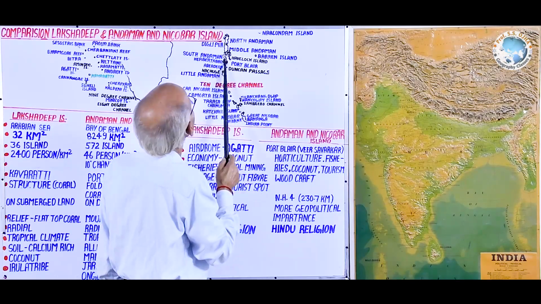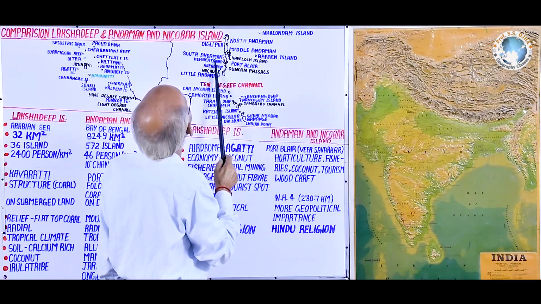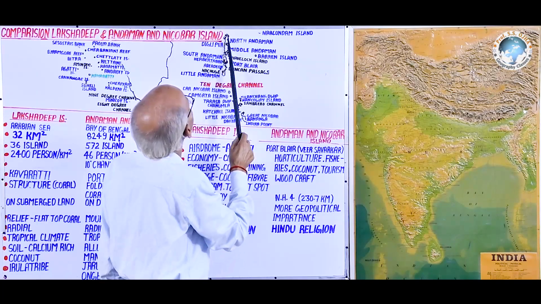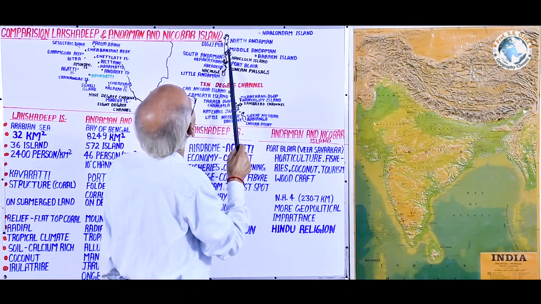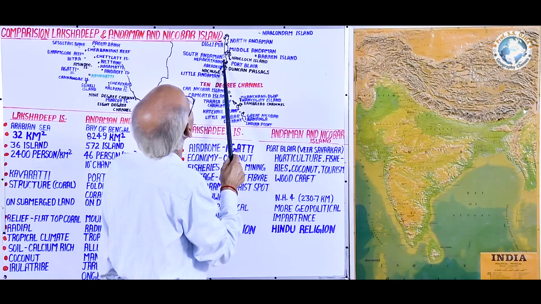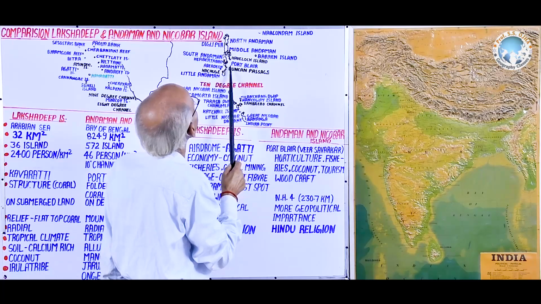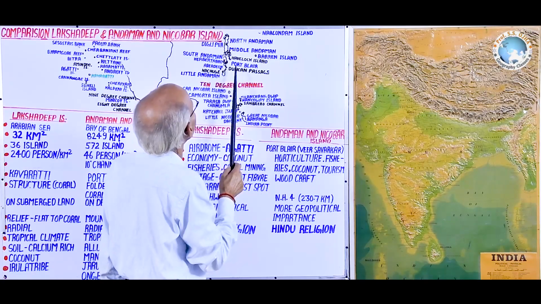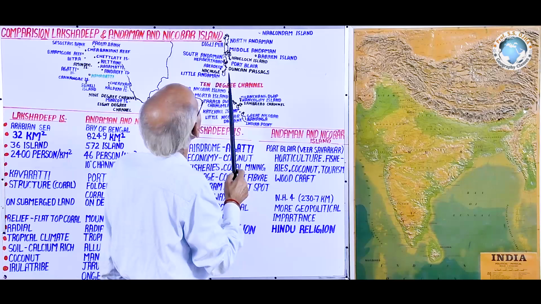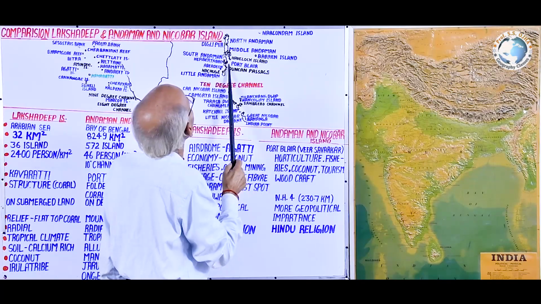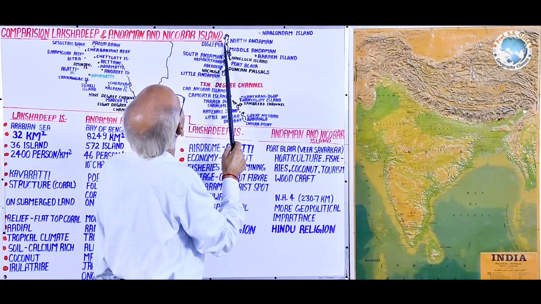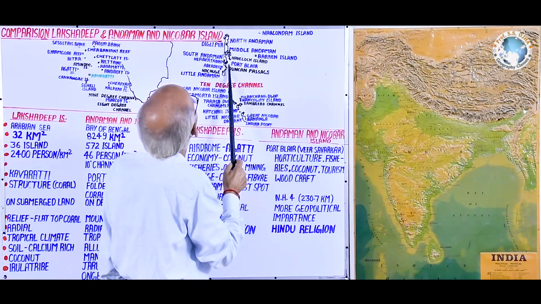To the west is South Andaman, and as you know, there is North Andaman, then Middle Andaman, then South Andaman. On South Andaman is located Port Blair, the capital or headquarters of the Andaman and Nicobar group of islands, and one national highway connects Diglipur and Port Blair.